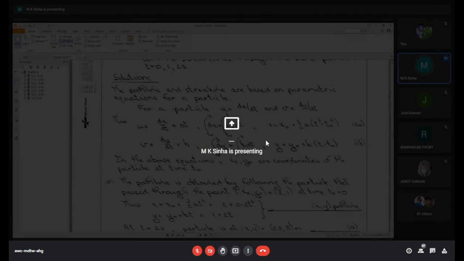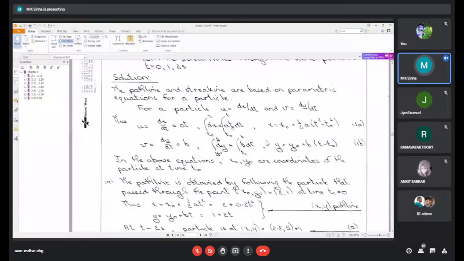So see, our velocity components u and v are given, and we have to find the path line for that given here. So you just check it.